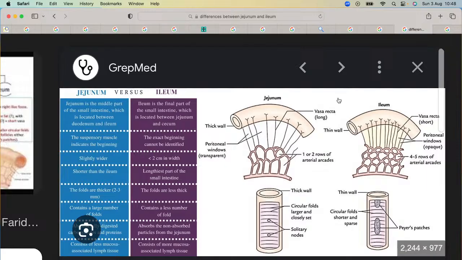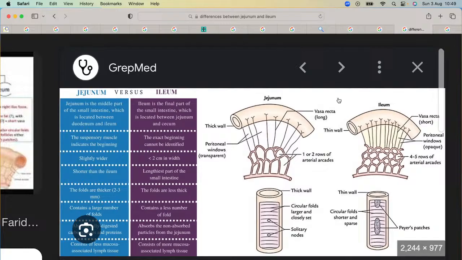Usually in terms of length, the jejunum is much longer compared to the ileum, and the jejunum is usually found within the umbilical region, and the ileum is found within the suprapubic region and the pelvis, and the mesentery is usually much thicker and contains more fat when it goes from the jejunum to the ileum.